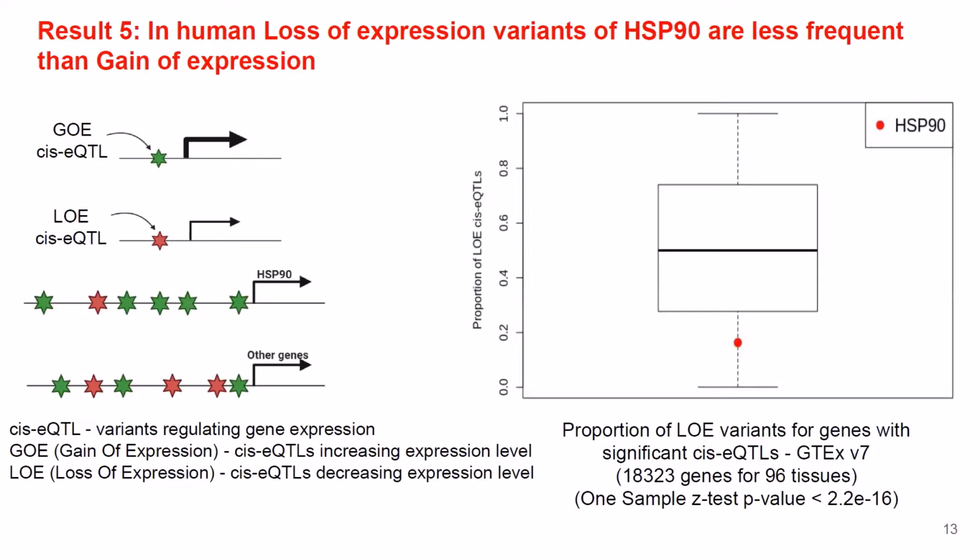We calculated the proportion of variants that decrease the expression level of genes for more than 18,000 genes. We see on this distribution of the proportion of loss-of-expression variants that HSP90 is at the bottom of this distribution. That is, it indeed has a deficit of loss-of-expression variants.